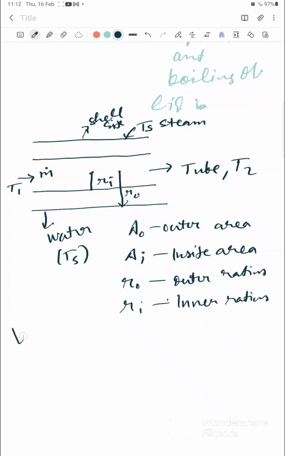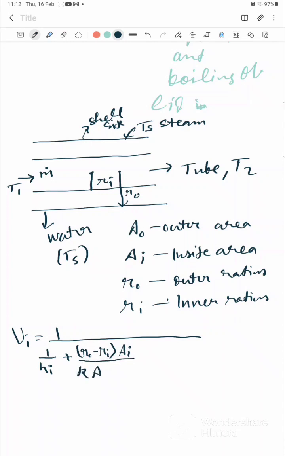So for overall heat transfer coefficient, 1 upon Hi plus R naught minus Ri upon K A Lm plus Ai upon A naught 1 upon H naught.